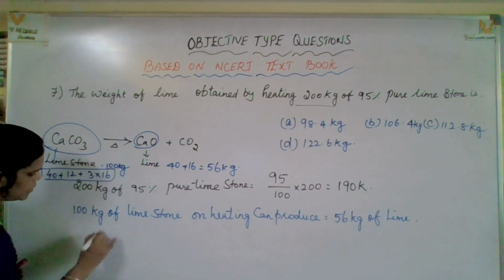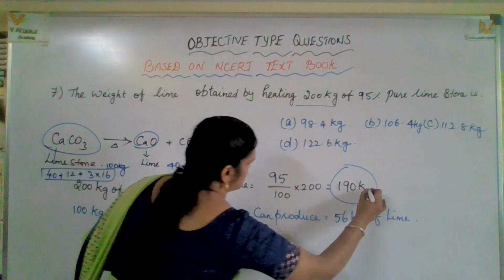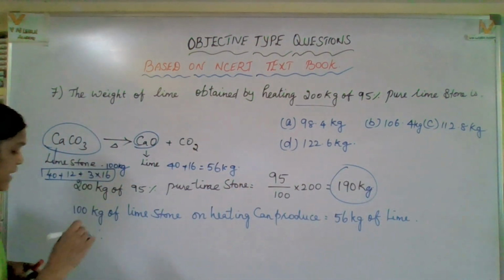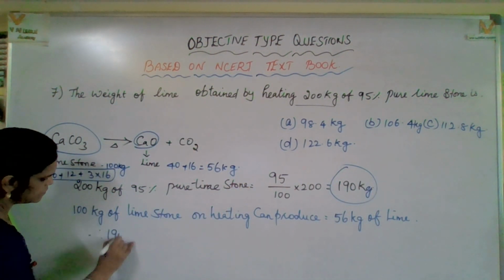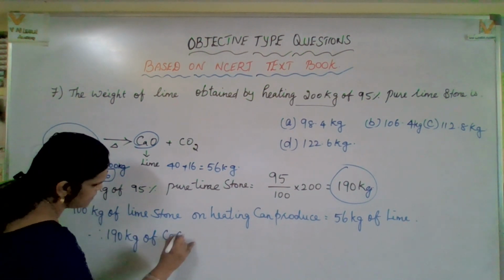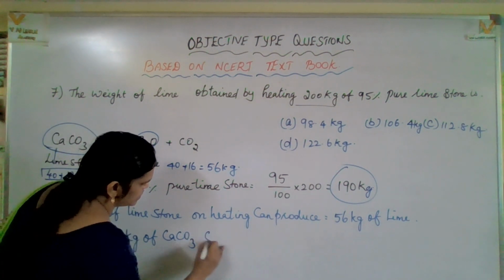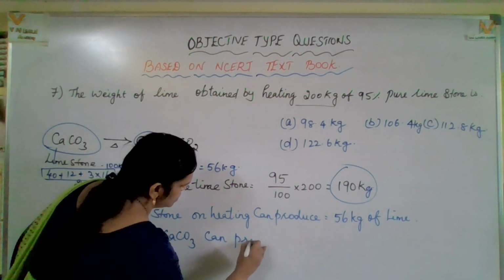Therefore, 190 kg of limestone, CaCO3, how much can it produce?